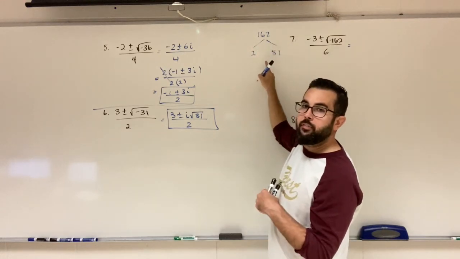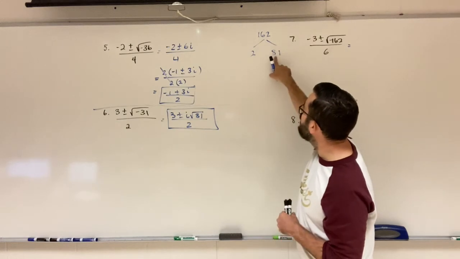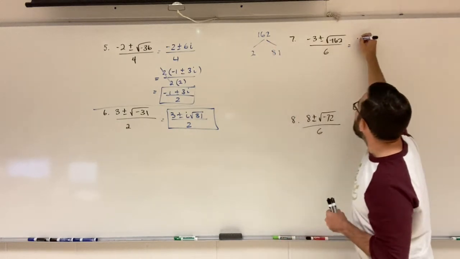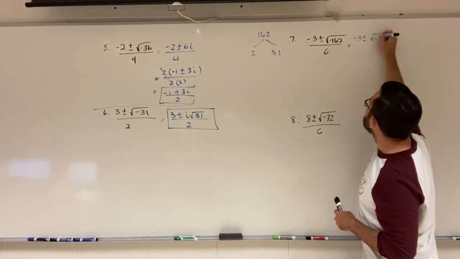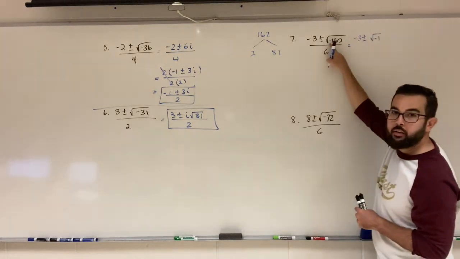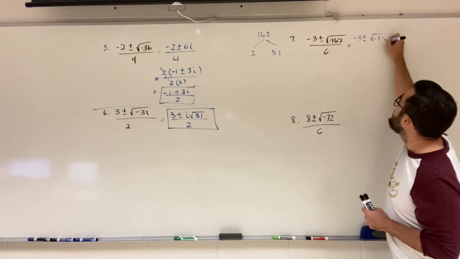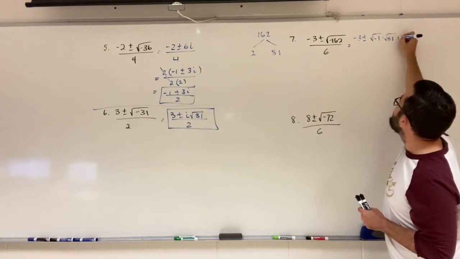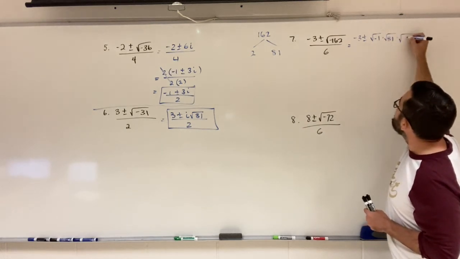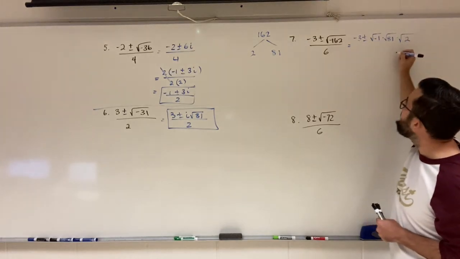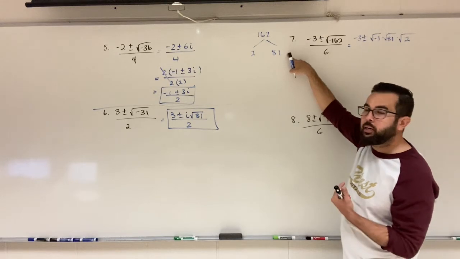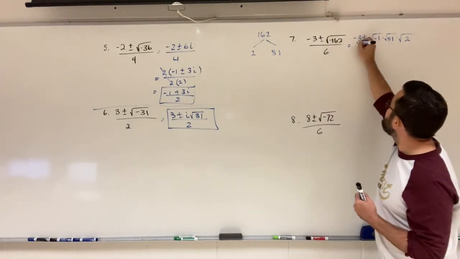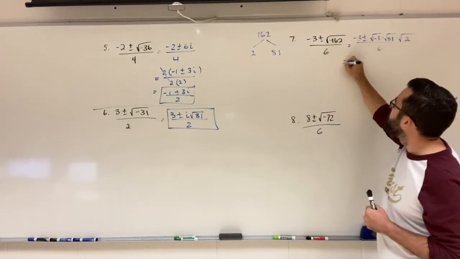Now, when you're doing the factor tree, if you see a perfect square, I'm going to rewrite that as negative 3 plus or minus. Well, first off, I'm going to take that negative 1, put it underneath the square root, times the square root of 81 times the square root of 2. Okay, I'm not going to break this down because I know that 81 is a perfect square. So this is all over 6.